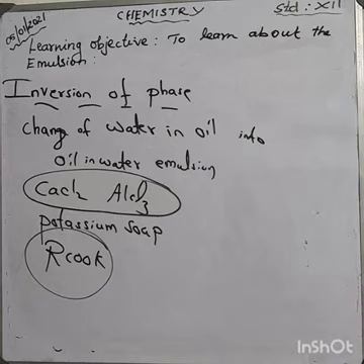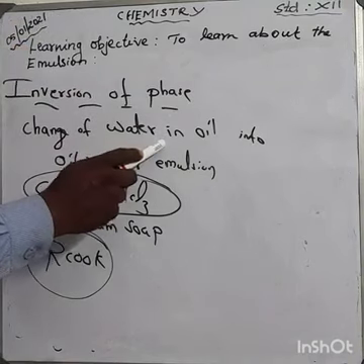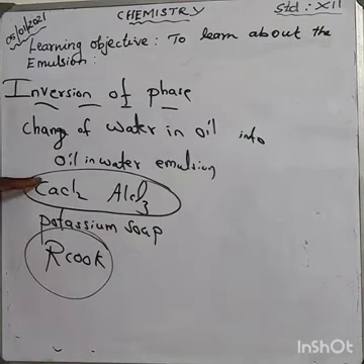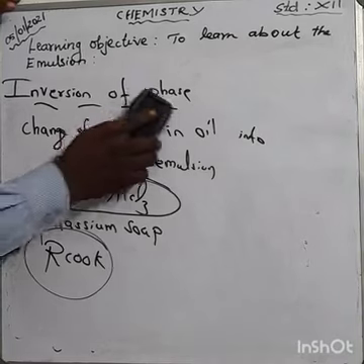Oil in water emulsion can be converted into water in oil emulsion by adding one of these salts, calcium chloride or aluminum chloride. This is about the inversion of phase.